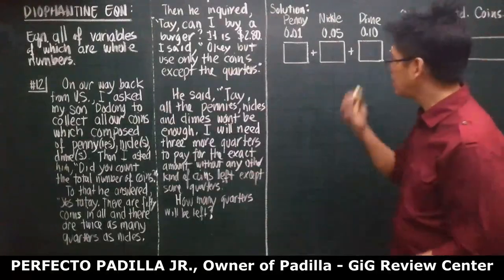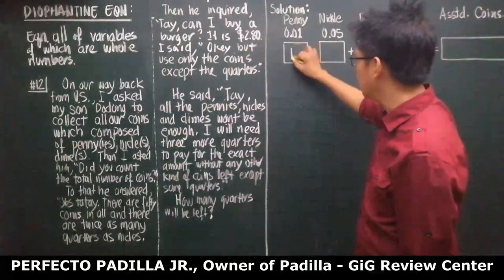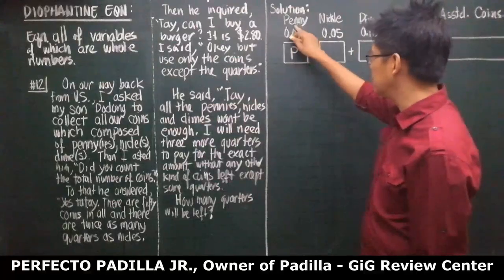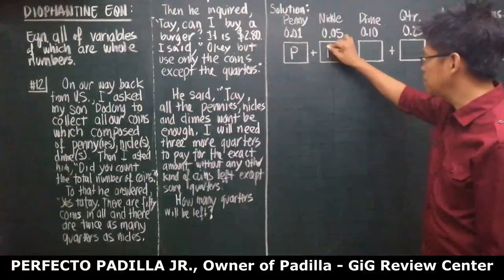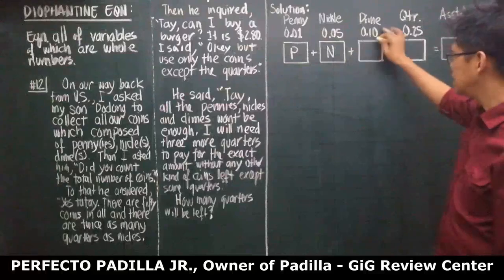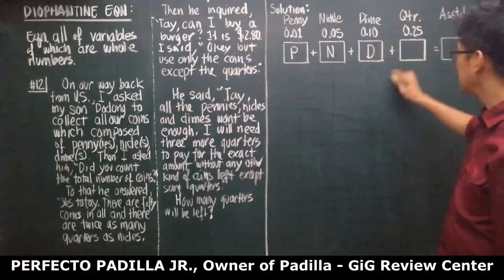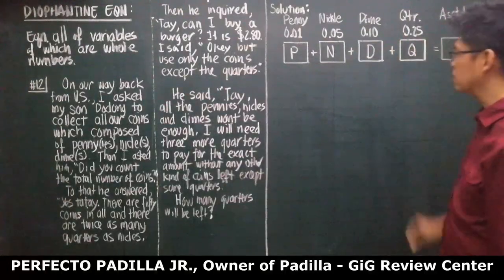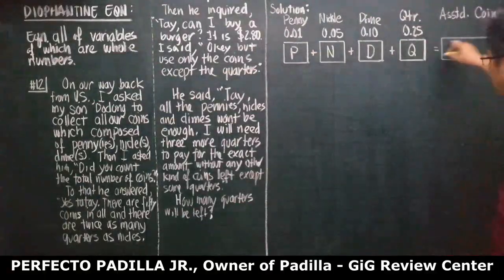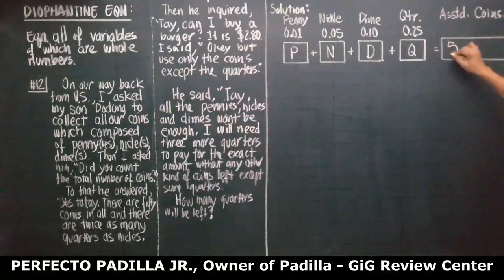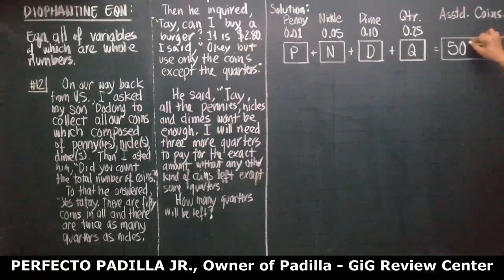Okay? So, let us say that there are P pieces of pennies, N pieces of nickels, D pieces of dimes, and Q pieces of quarters. If you add all of them, you have 50 pieces of assorted coins, no?